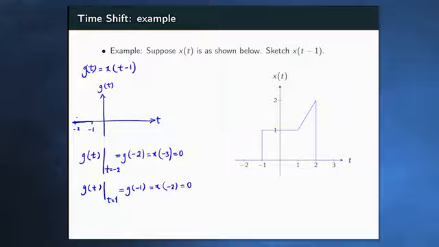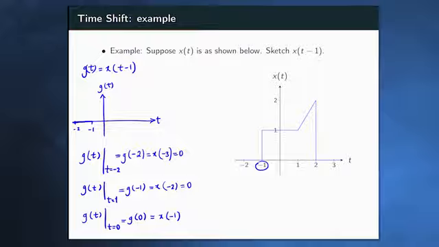So moving on, g of t at t equal to 0 is g of 0. That's equal to x of negative 1. The graph of x of t at t equal to negative 1 is discontinuous. That means to the left of t equal to negative 1, x of t is equal to 0, and to the right of this time point, x of t is equal to 1.